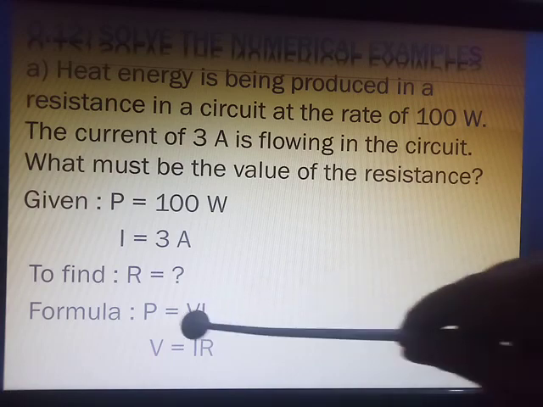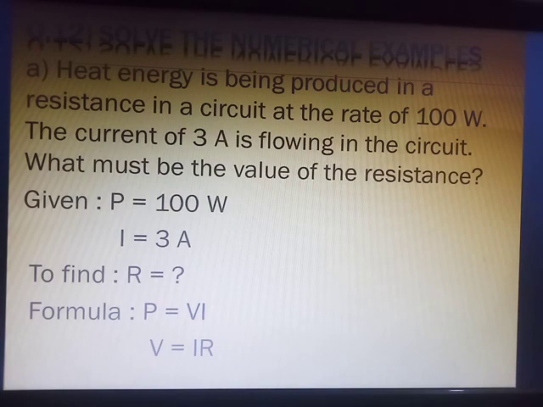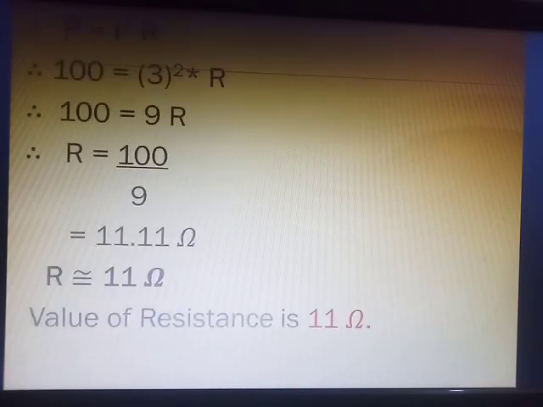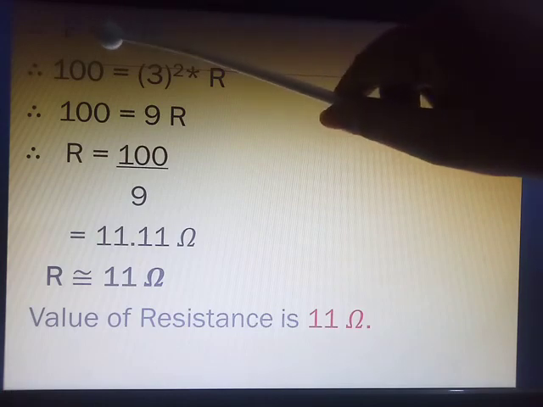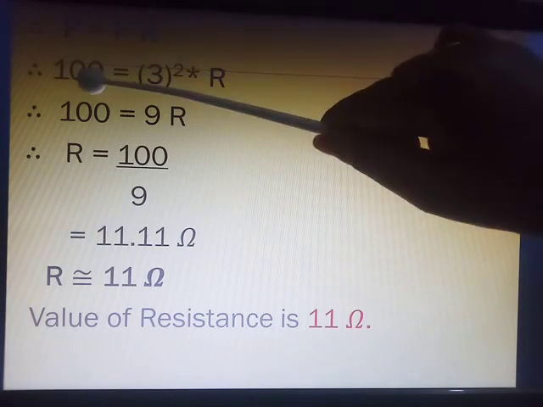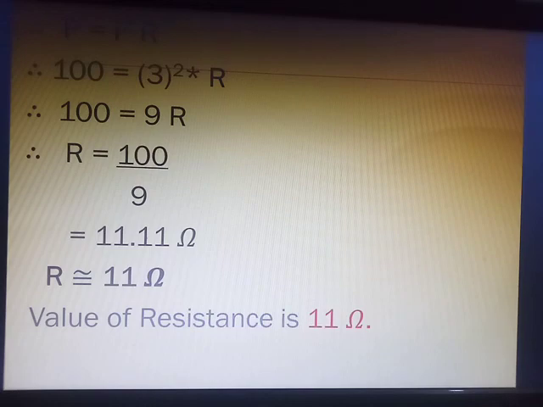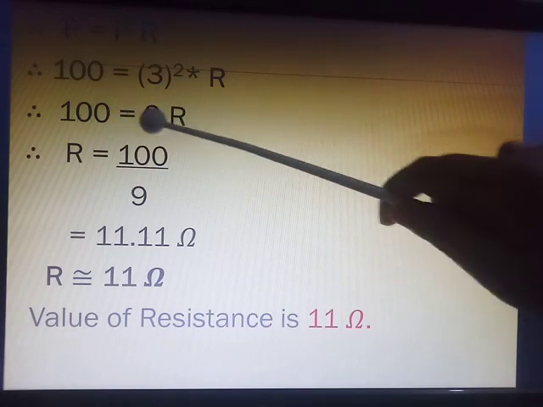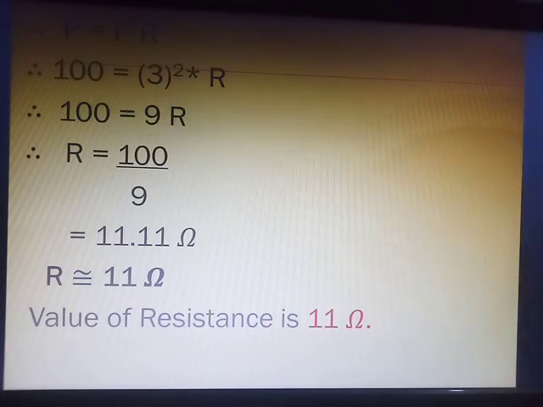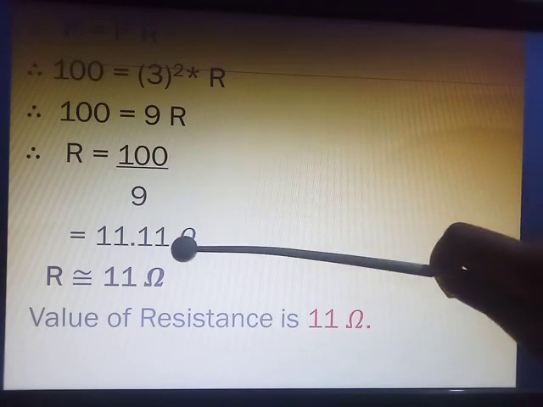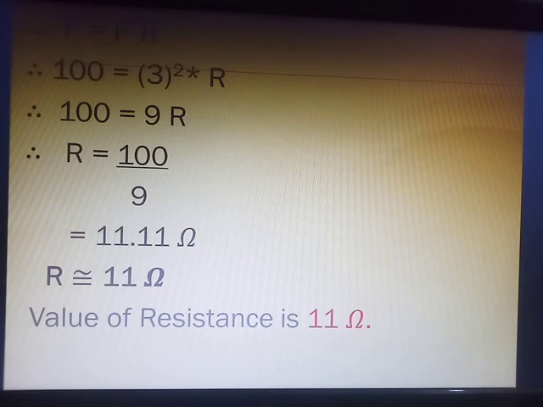If you want, you can add one point here according to Ohm's law. Then you are going to substitute that value here. You will get P is equal to I square R. Substitute the value of P, substitute the value of I, you will get 100 is equal to 9R. Therefore, R is equal to 100 divided by 9, 11.11, as it is resistance, ohms. So, resistance is approximately equal to 11 ohms.